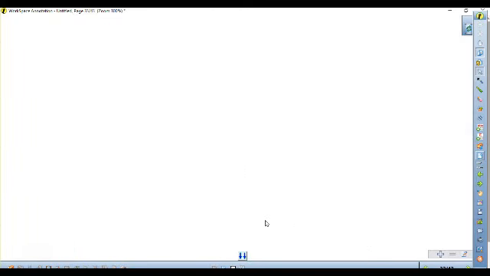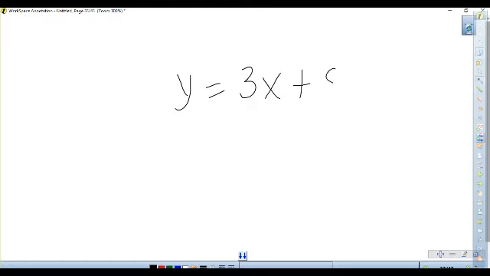All right. Before I get started with my graphing, by looking at that, tell your neighbor the y-intercept. 5. Okay, everybody says what? 5.